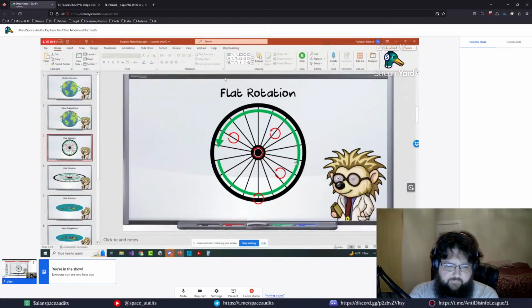Here's a bicycle wheel. So to keep things non-controversial, it's a bicycle wheel, and it is rotating like the green arrow shows. If we were to measure rotation using a gyroscope at the hub, we would get an axis of rotation straight up and down, perpendicular to the plane of the wheel.